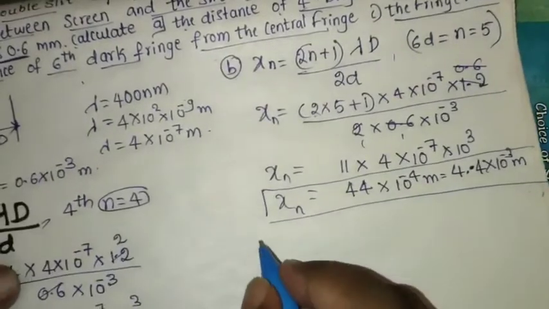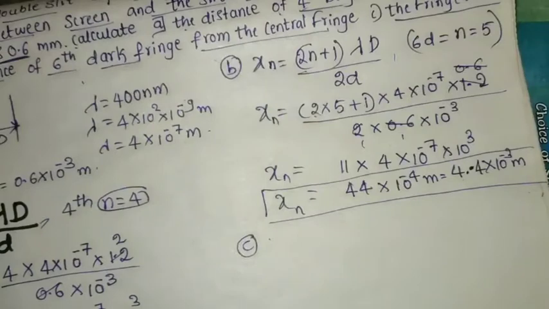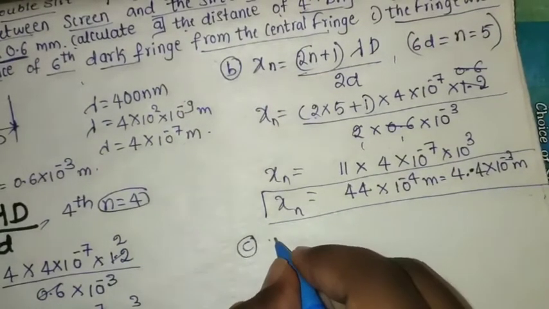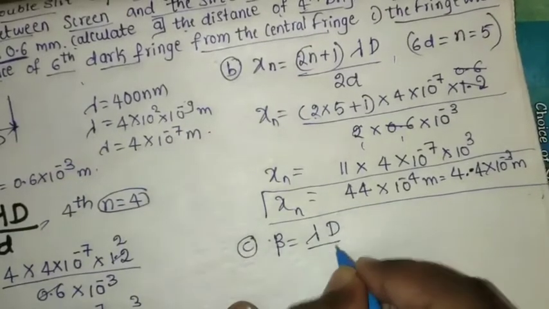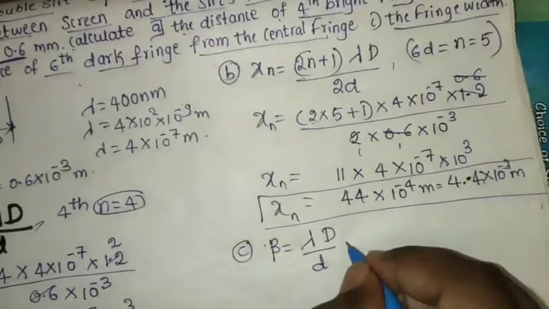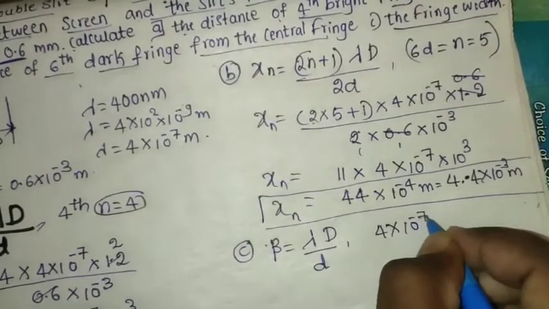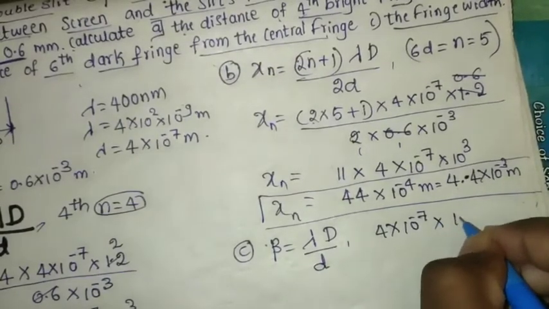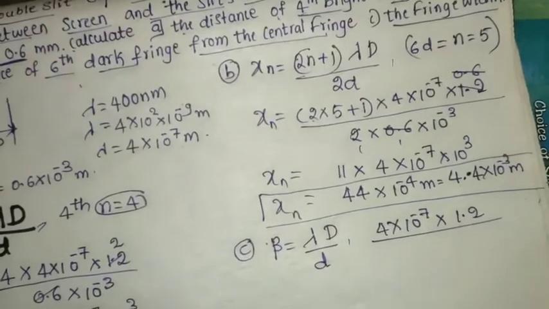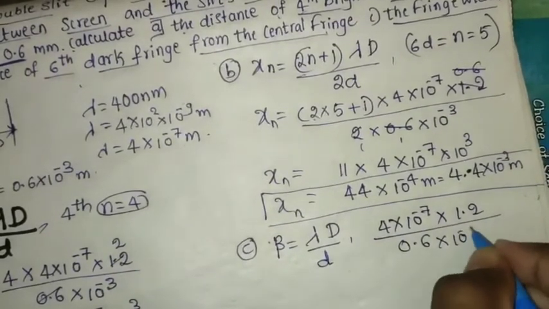Now we will see the C part. In C they asked directly for the fringe width. The fringe width formula, as I told initially, is beta equals lambda D by d. Lambda is 4 into 10 to the power minus 7, and capital D is 1.2 meter divided by small d, that is 0.6 into 10 to the power minus 3.